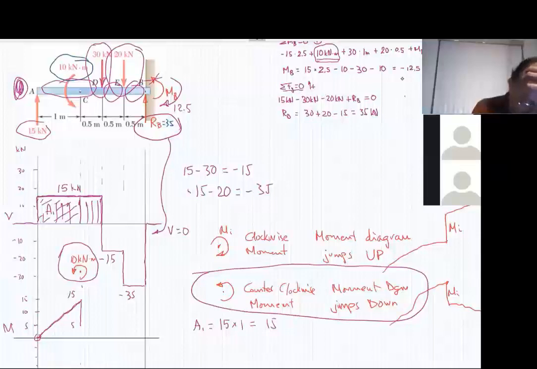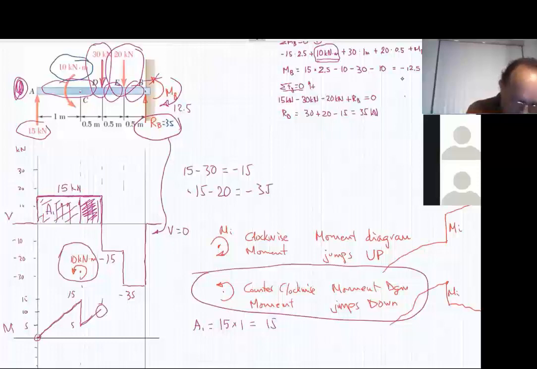And then I continue going up at the same rate, because the value of the shear is the same and stays constant as in the previous section, so it's basically the same slope. Up to what point shall I get?